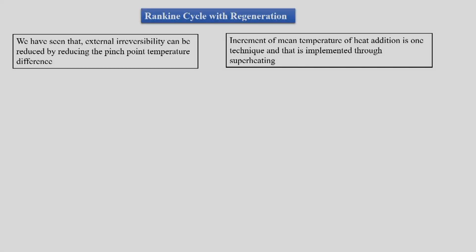We had said that this is the minimum temperature difference between the steam and the flue gas, and if we reduce that temperature difference, we will have less and less irreversibility. Then to improve the efficiency we can increase the mean temperature of heat addition, and for that we were going for superheating, but we have also seen that superheating may not always be possible.